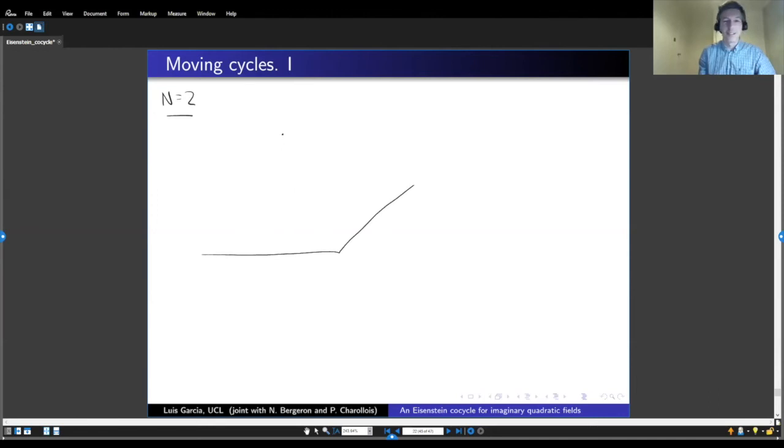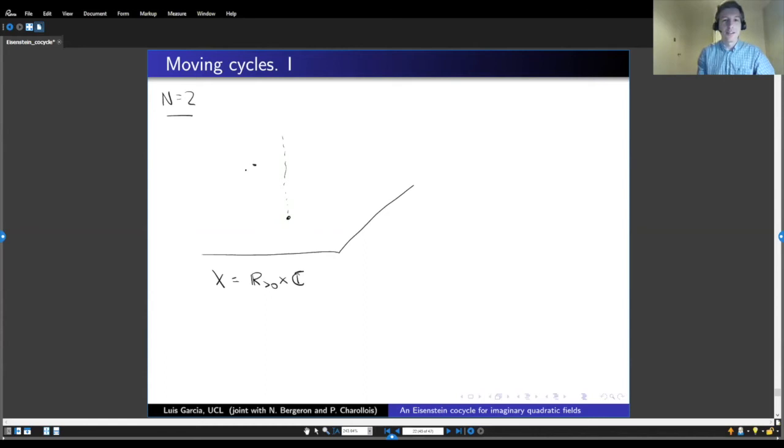So here is a picture of the symmetric space. For n equals 2, the symmetric space is just the complex numbers times the real numbers. So you can picture it like this.